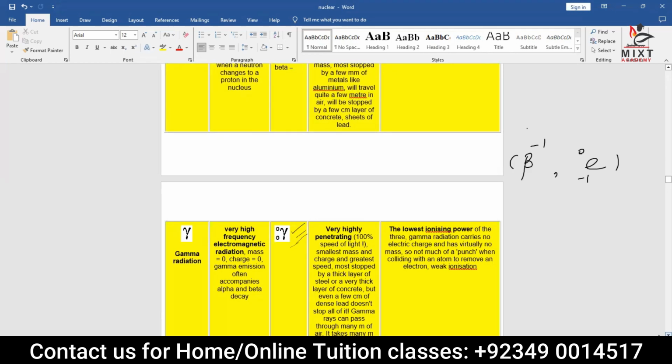Now, the same point, they are represented by that sign and that sign. So you can write both this one as well as this one. This shows that its mass number and proton number both are 0. This is called the gamma sign.